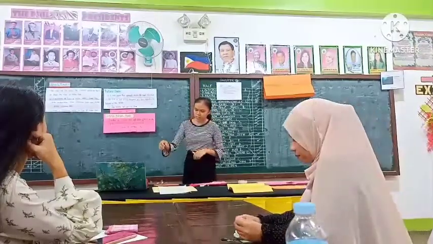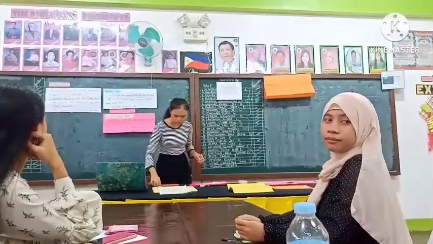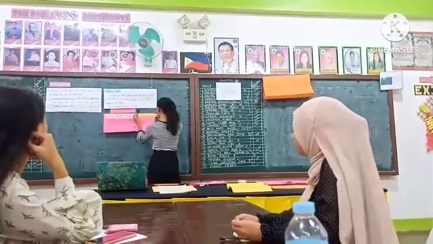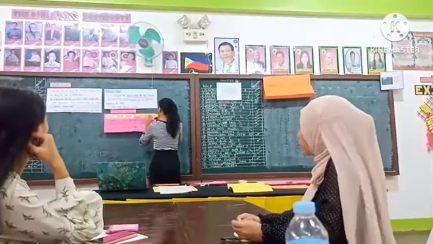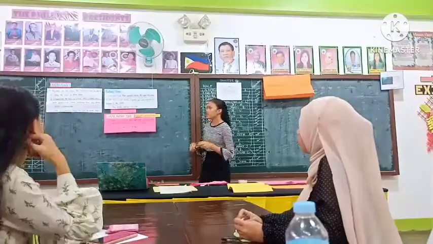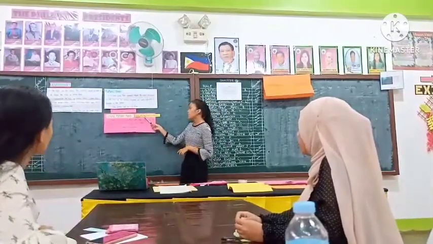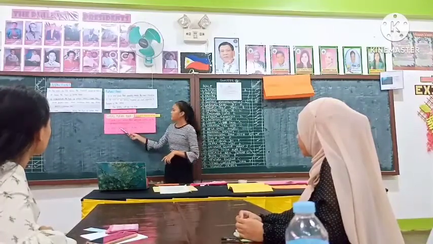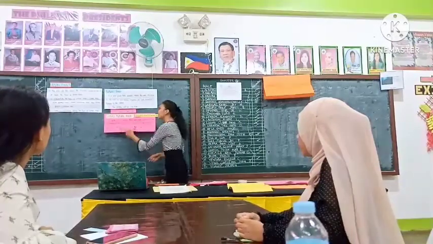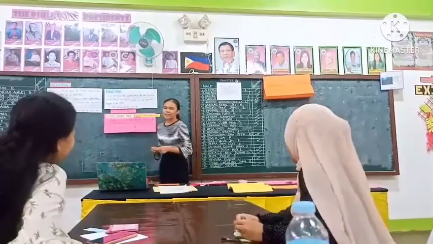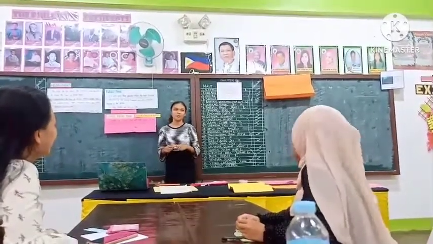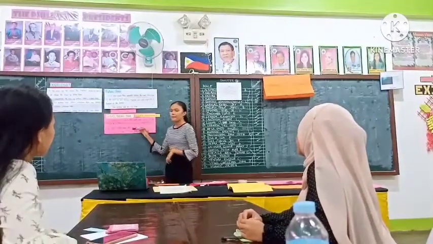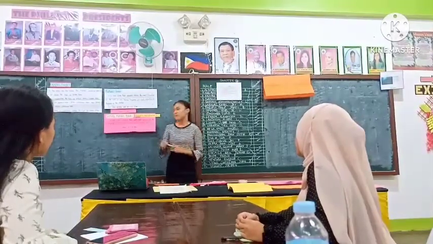So here is the structure of the simple future tense. The structure of simple future tense is the subject plus shall or will plus verb and the object. So in the two examples, we predict a future event. The events here have not happened yet, but will happen sometime in the future.